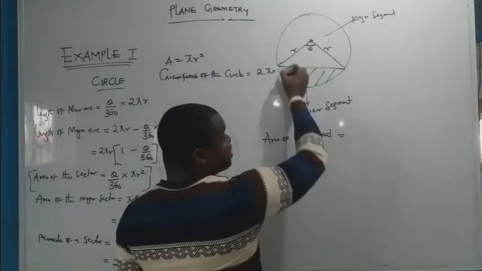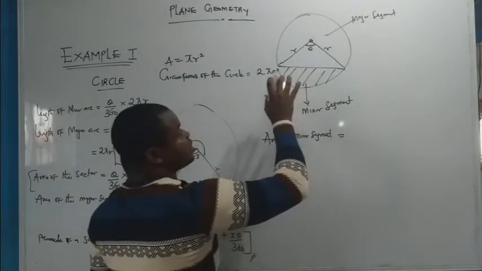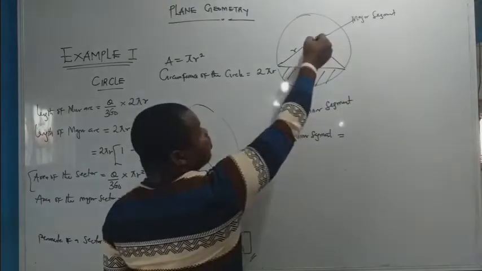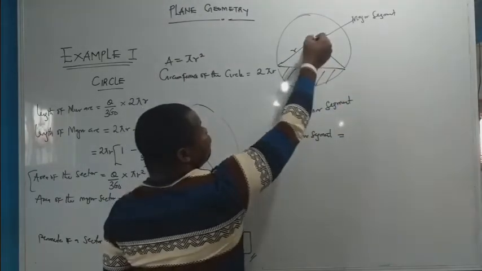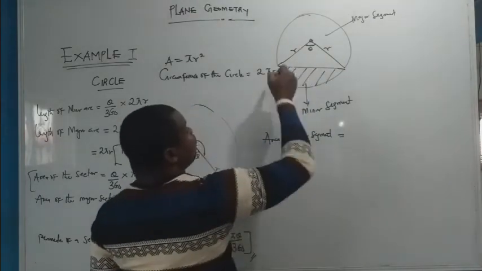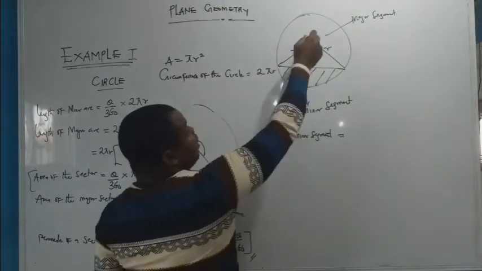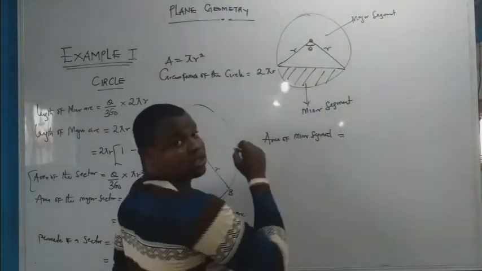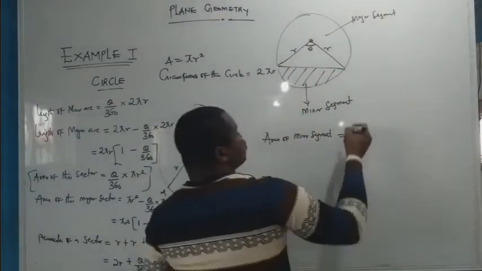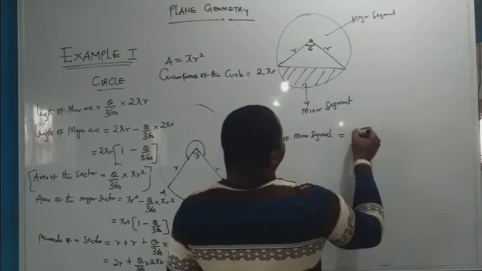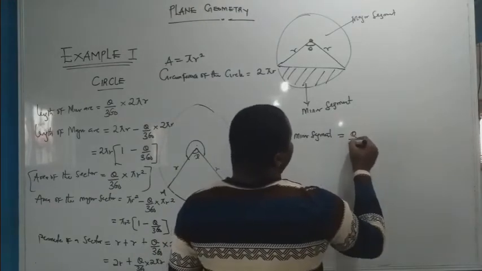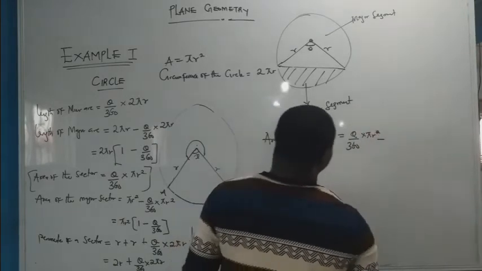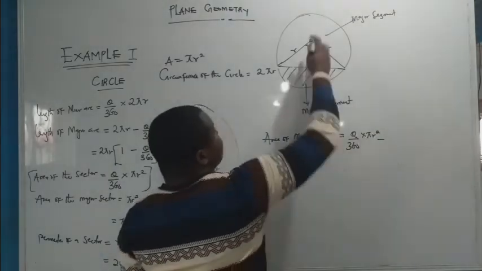So just subtract the area of the triangle from the area of the whole sector. So what do we have? That's theta over 360 times pi r squared minus the area of the triangle.